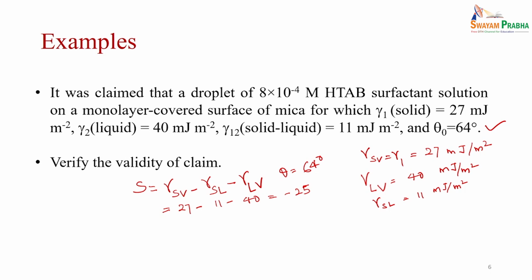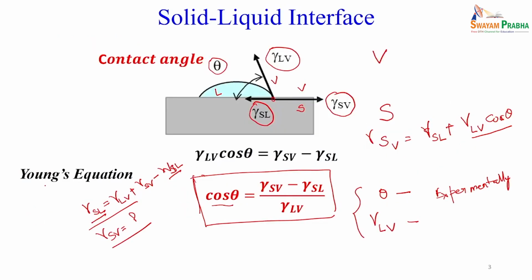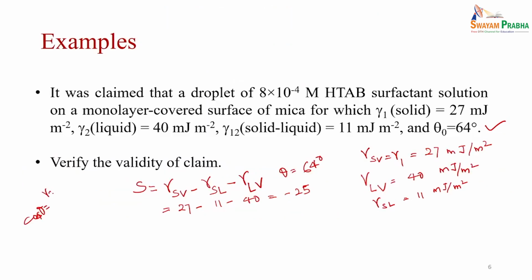Now, what should be the contact angle? In that case you have to verify with the Young's equation, which says cos theta is equal to gamma SV minus gamma SL divided by gamma LV. All three are known.